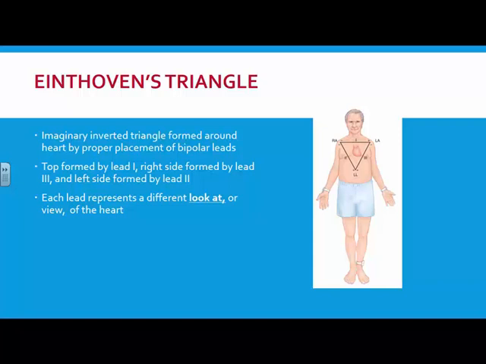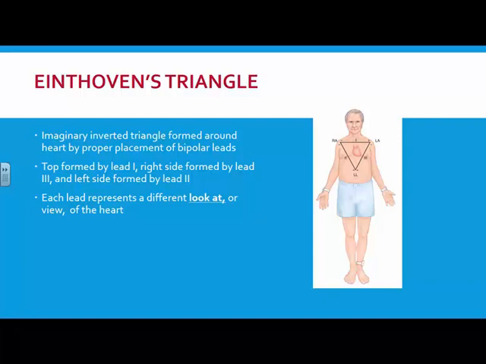Alright, so think about how your heart sits in your chest, about a 60 degree angle going down. So if I'm measuring the current that is flowing from my right arm to my left leg, it's like taking a picture from down here.